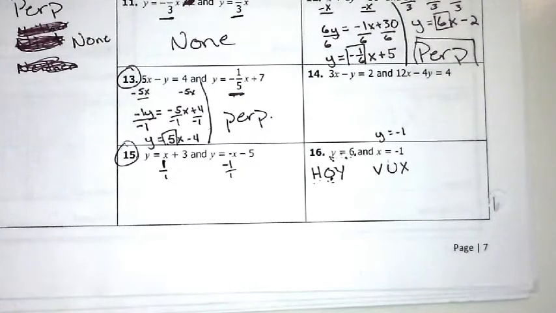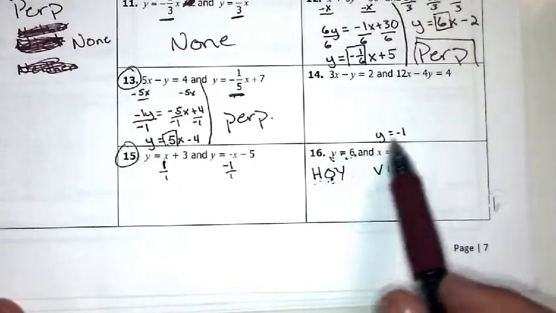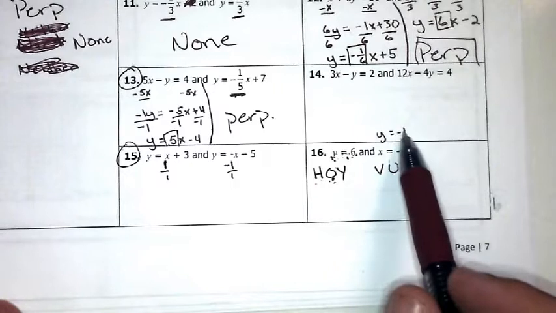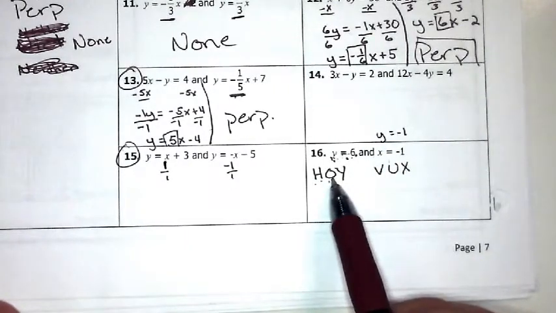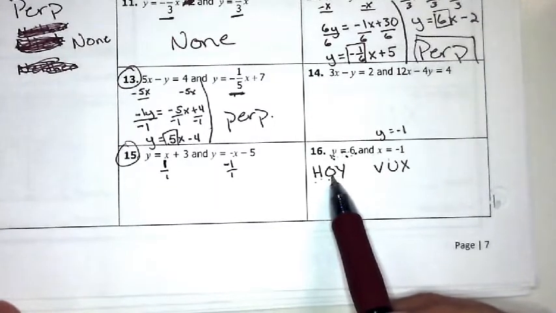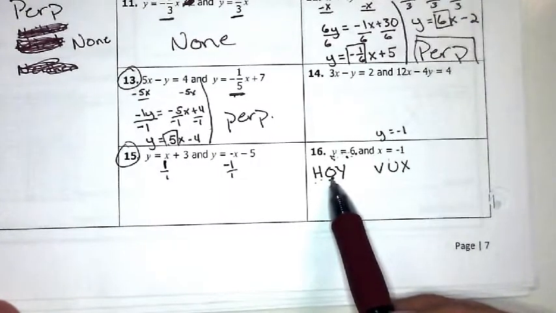Parallel. They would be parallel, okay? Because they would have the same slope, right? They're both y equals a constant. They're both Hoy's, so they both have a 0 slope. I'm looking at you, Issa. Yes? They are both y equals a constant, so they both would be Hoy's.